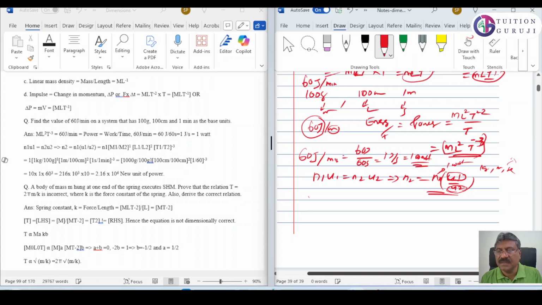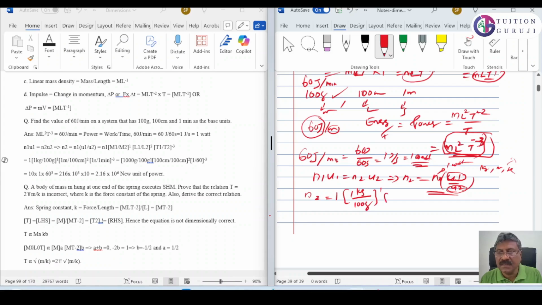Then we will write N2 is equal to N1, which is 1, into our power, which is actually m L square t raised to minus 3. So we will write m: 1 kilogram divided by 100 gram, m raised to 1.